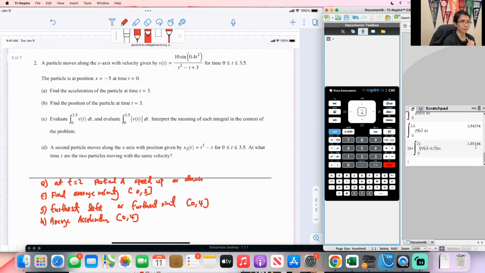First 3 parts should be very easy. Part D is a little bit different. What? What'd you say? That's what I thought.